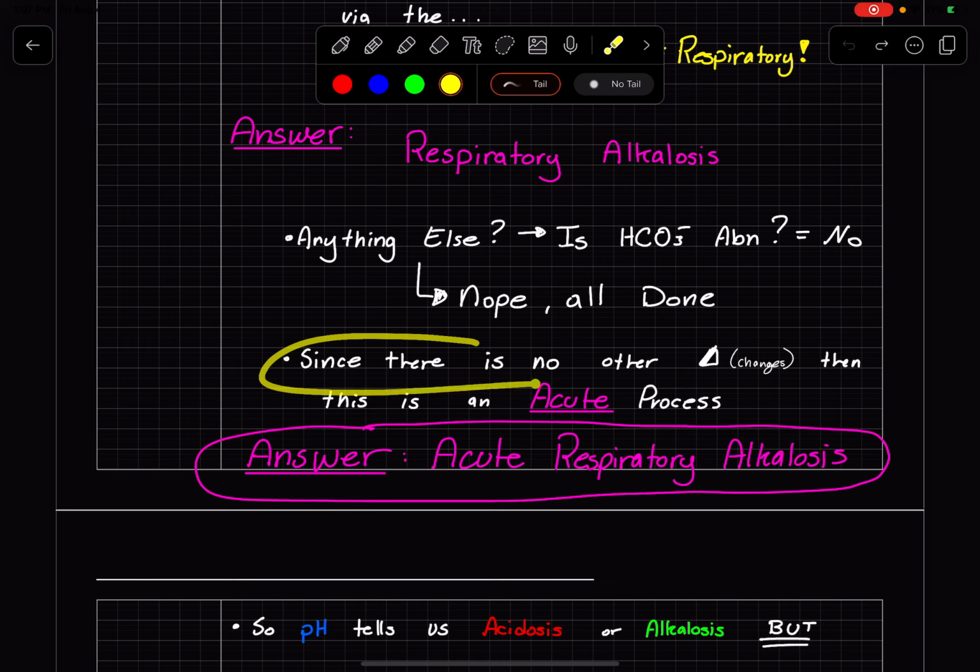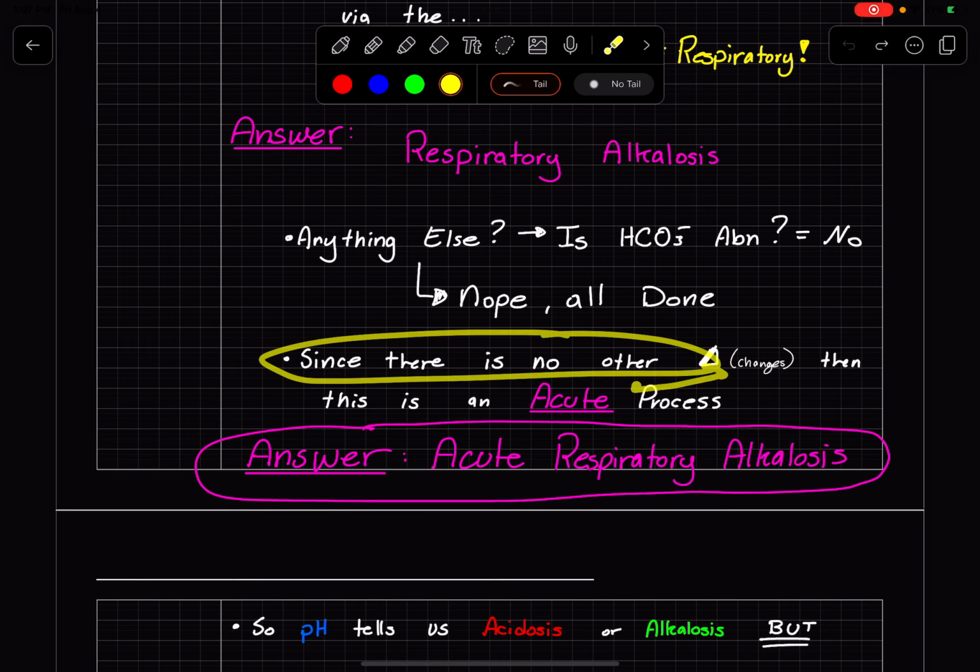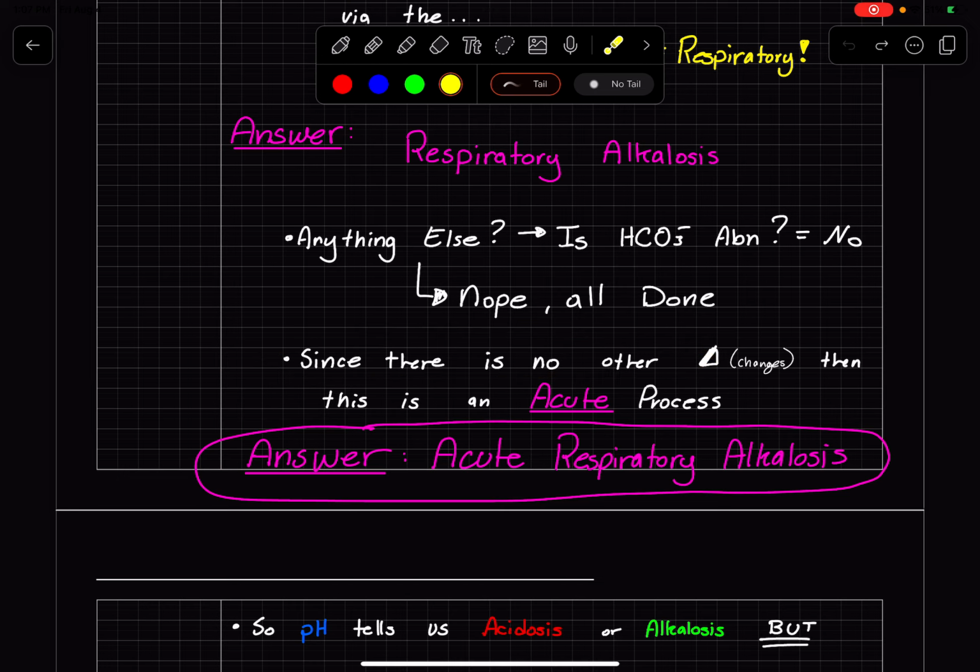And since there's no other changes, this is most likely an acute process. This means that this is so new onset that the body hasn't realized it's happening and hasn't started compensating for it. If there's no compensation, that means it's an acute process. If there's only one process going on, it's an acute process. So you put acute process here.